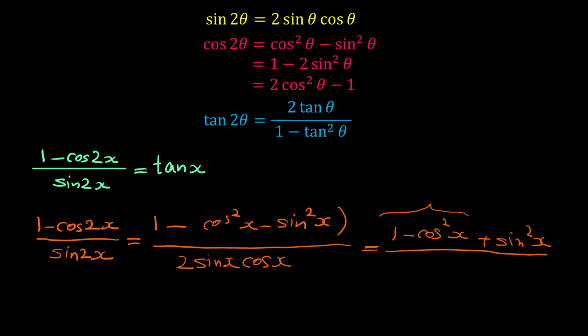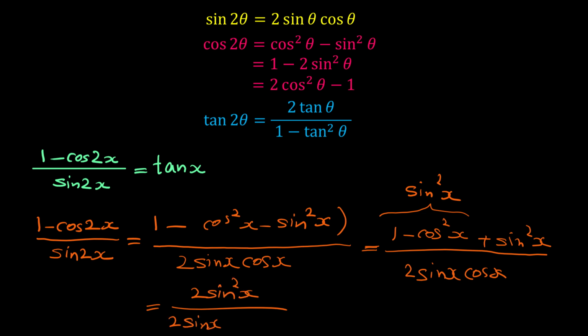Now by using this, we have sine to the 2x plus sine to the 2x over 2 sine x cosine x. So in the numerator we have 2 sine to the 2x, all over 2 sine x cosine x. Now simplify the numerator with the denominator. 2 with 2 cancels. 1 sine from the numerator with 1 sine from the denominator cancels, so the power becomes 1 here.